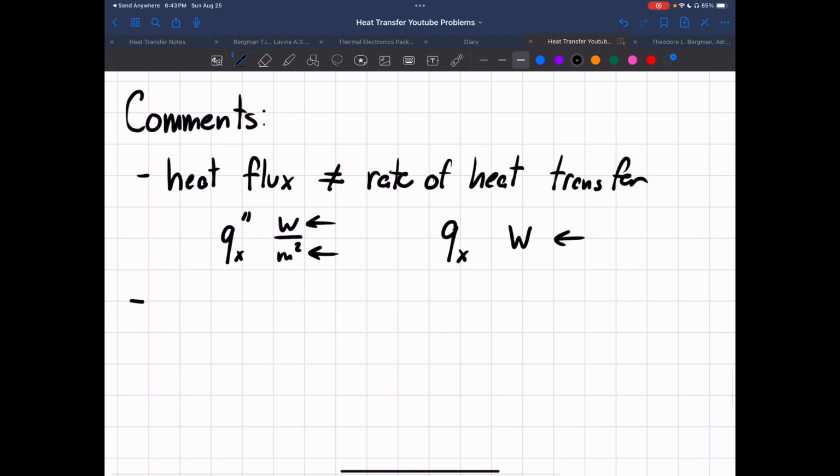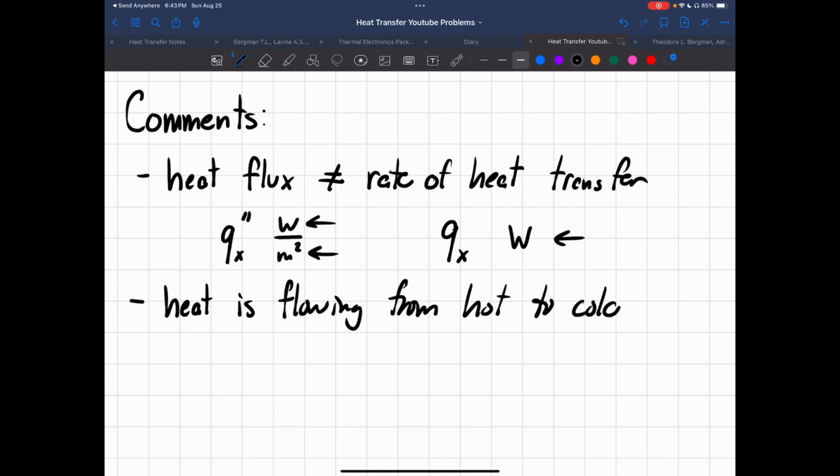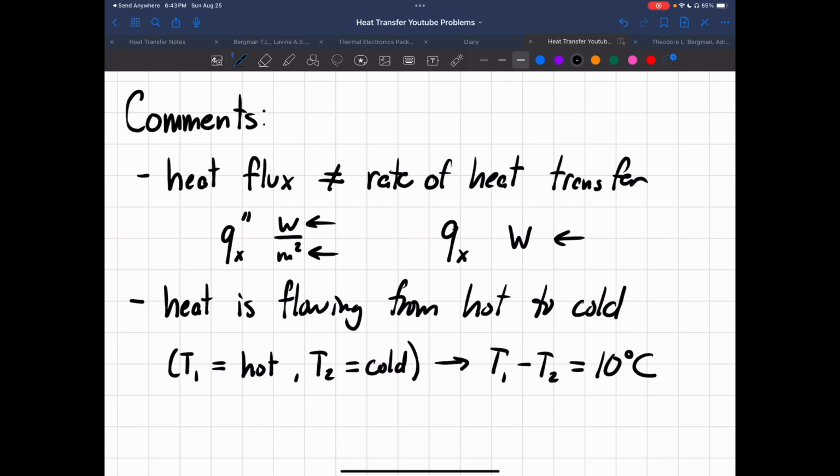We could also write that heat is flowing from hot to cold, and in this case, T1 equals hot and T2 equals cold. And how do we know that? Well, they told us T1 minus T2 equals 10 degrees Celsius.